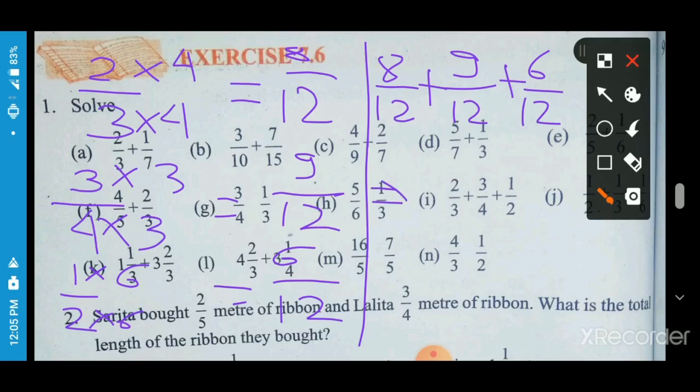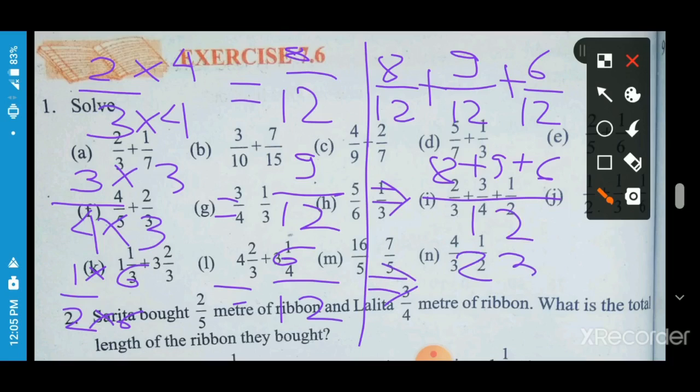This is equal to 8 plus 9, that is 17. 17 plus 6 gives us 23. First we write 8 plus 9 plus 6 upon 12. Finally the answer is what? That is 23 upon 12. This is the required solution for the part I.